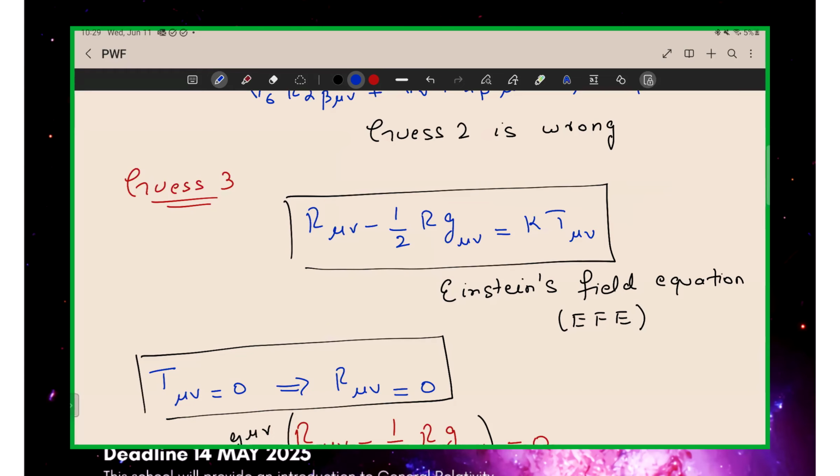But you can see that R mu nu is a horrible combination of the metric tensor and its derivatives, actually. And the same thing goes for R. So we want this equation to be as less horrible as possible. And in this form that I have written here, it's quite horrible. If you write this equation down in terms of the metric tensor, it's going to be a very horrible set of differential equations.